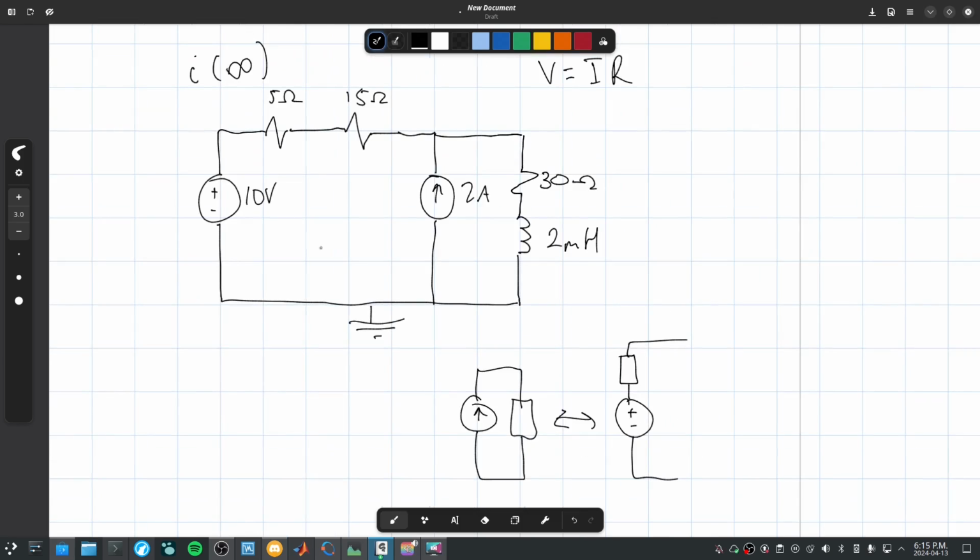If you look here, we have exactly this: a current source in parallel with a 30 ohm load, and we can turn that into a voltage source. Question, yes?